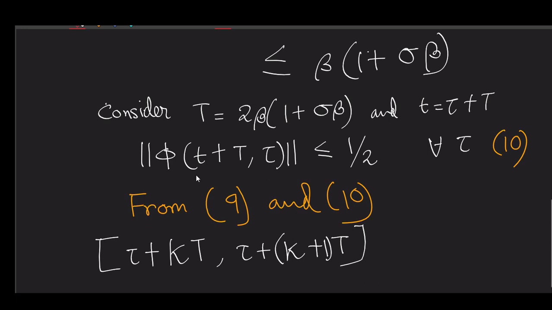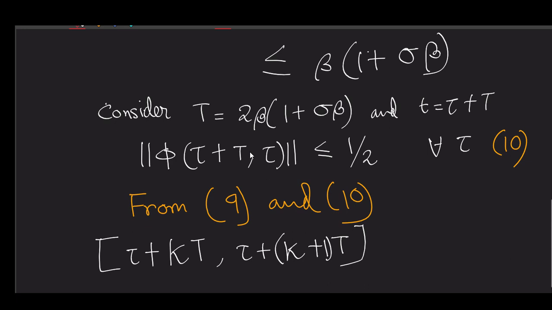So that yields phi tau plus capital T over tau, sorry, this is tau plus capital T, basically you are doing it like that gap is depending on t, so that will give you less than or equal to half, and that is valid for all tau, right?